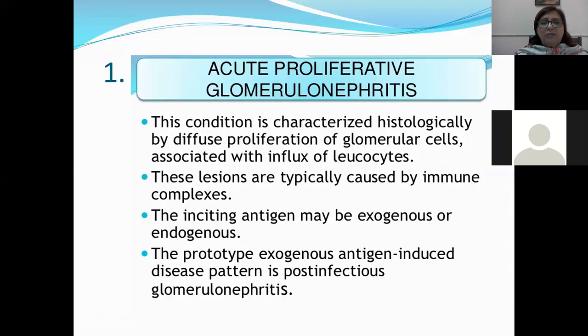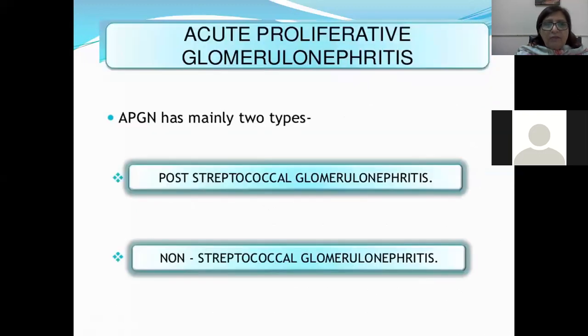The lesions are typically caused by immune complex deposition. The inciting antigen may be endogenous or exogenous. The prototype of the exogenous antigen-induced pattern is post-infectious glomerulonephritis. Acute proliferative glomerulonephritis is post-infectious glomerulonephritis, which can be post-streptococcal glomerulonephritis and non-streptococcal glomerulonephritis.